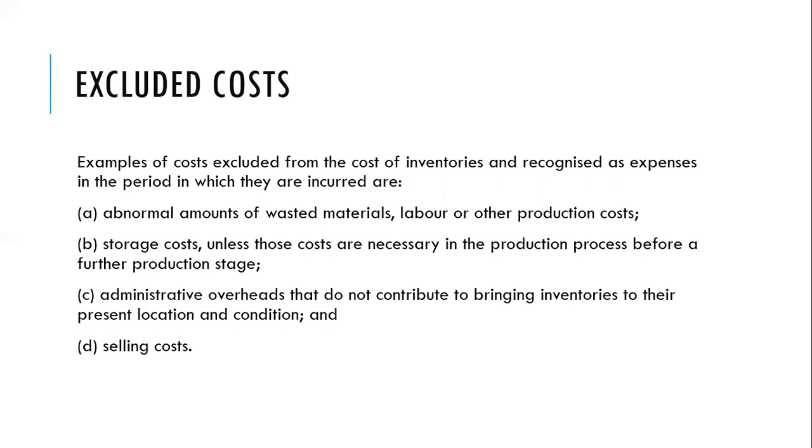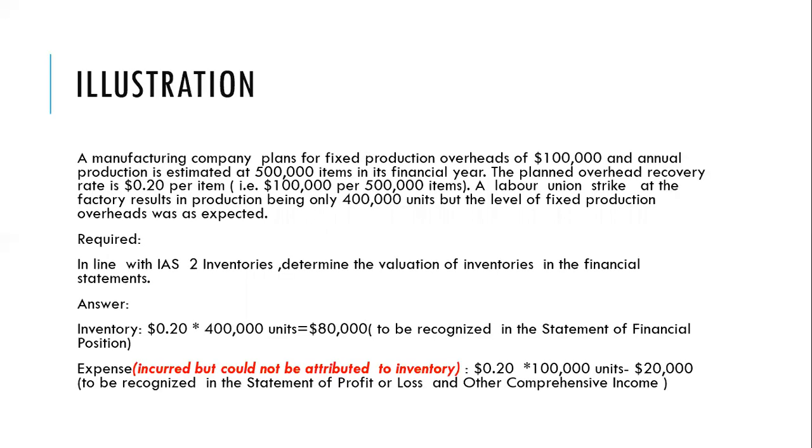Storage costs, unless those costs are necessary in the production process before a further production stage, you cannot add to the cost of inventory; you have to expense it. Administrative overheads that do not contribute to bringing inventories to their present location and condition, and of course selling costs, must be expensed, according to IAS 2.